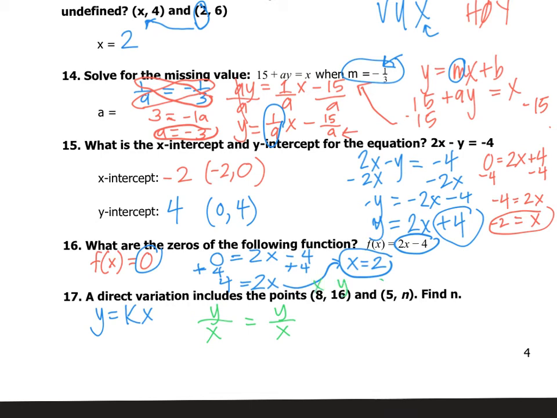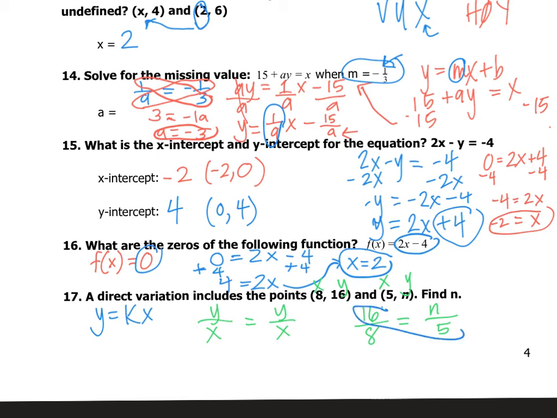So we have our x and y values. I'm going to do 16 over 8 equals, we don't know what this y is, so I'm going to write n because that is the variable that it gives you. So n over 5. And then we're going to cross multiply and solve for n, and then we'll get our value.